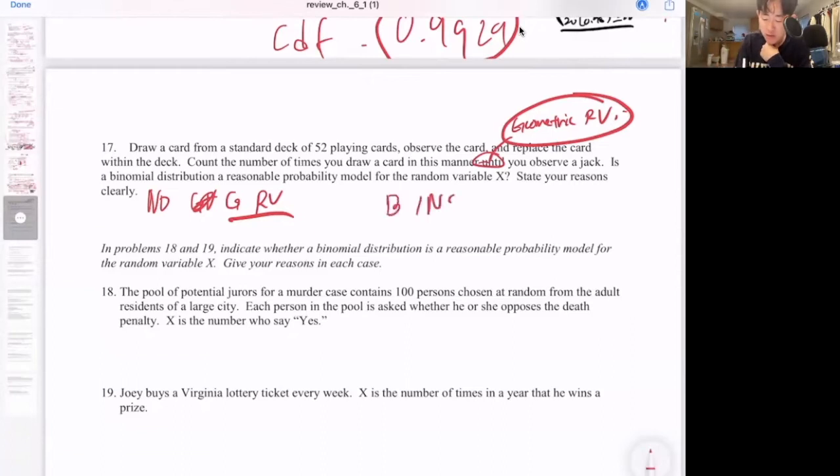It's got to satisfy the BINS and it's not fixed. It doesn't tell you in this situation. Yes, the probability of a jack is 4 out of 52 and it's replaced. So the S, B, I, they all should make sense. But since it doesn't meet the standard criteria for N, therefore it's going to be geometric. Therefore, it's not a binomial.